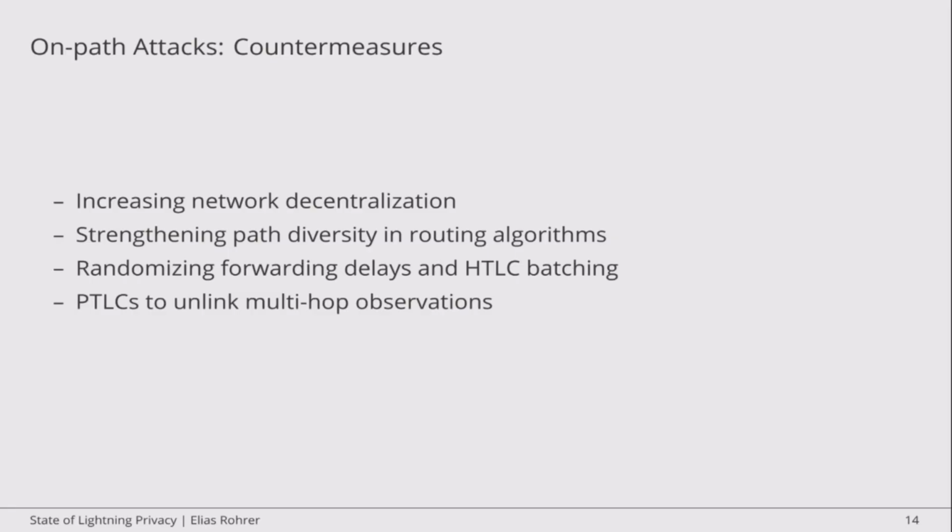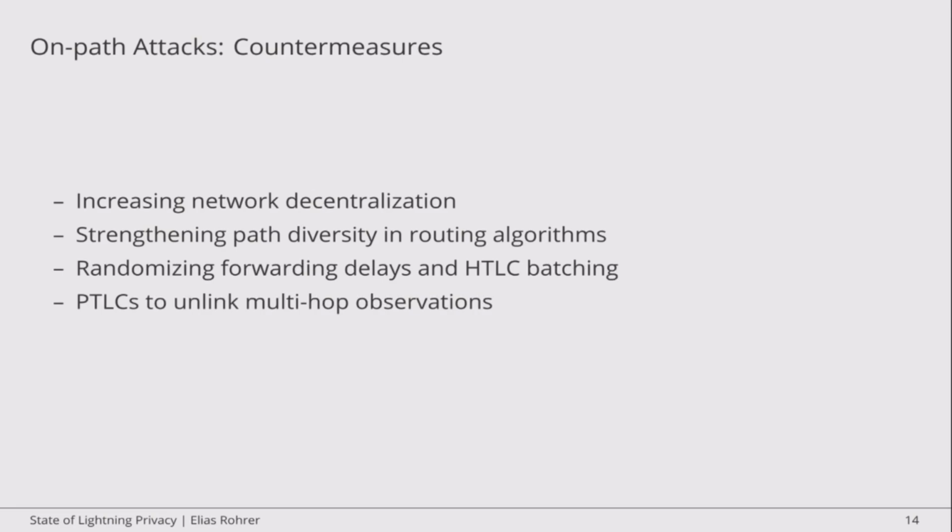Right, and we can then also add forwarding delays, or delays in general, to the HTLC flow to make that not as predictable. Lastly, you can do PTLCs at some point to disallow this, or at least this very trivial way how you can match different HTLCs at different observation points.